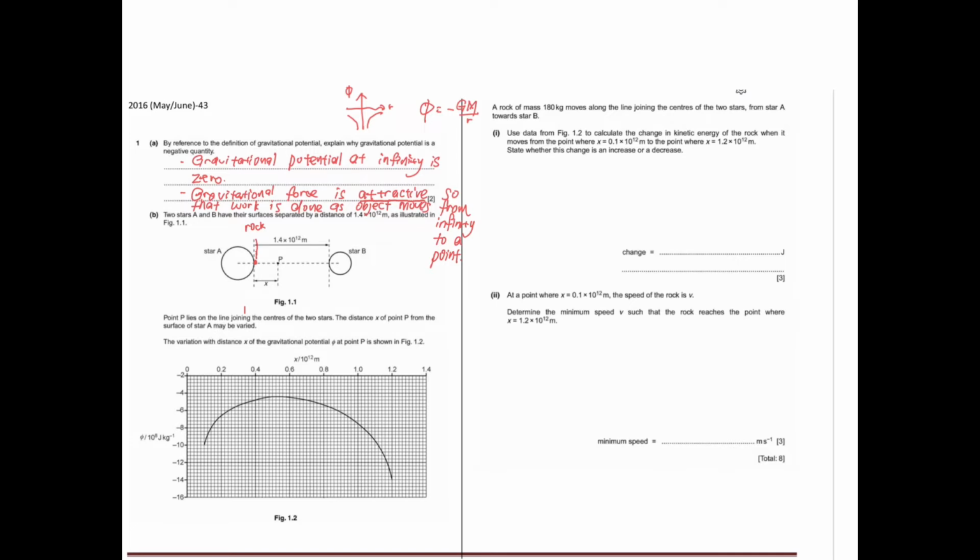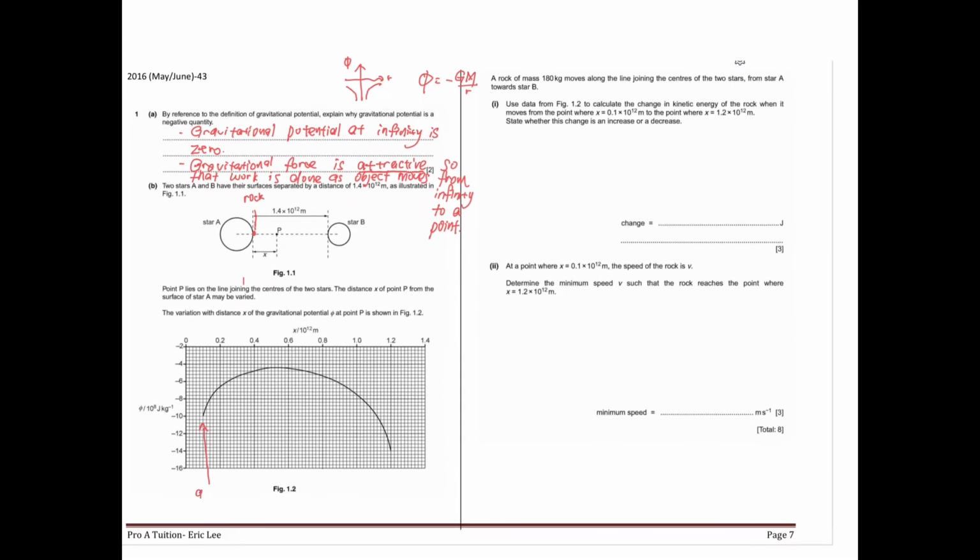This rock is experiencing gravitational potential like this. Initially it is very negative, which means attraction is very strong. What kind of attraction? It is attraction by star A, because it is very close to star A at this particular point. So here at this point, it is attracted strongly by star A. Let me write it down so that you can follow what I am trying to say.